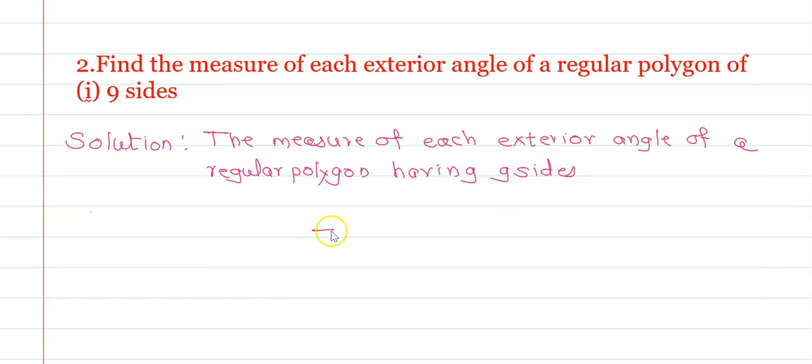is equal to 360 upon 9. Okay, and therefore 9 fours are 36, and that is equal to 40.